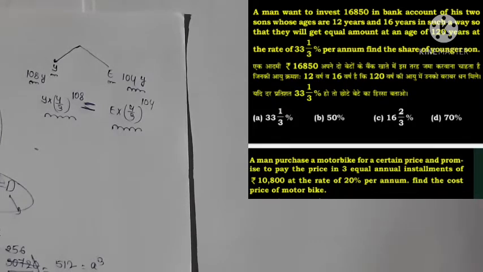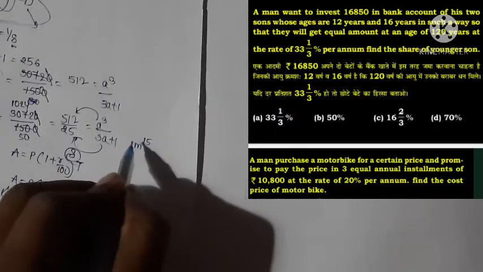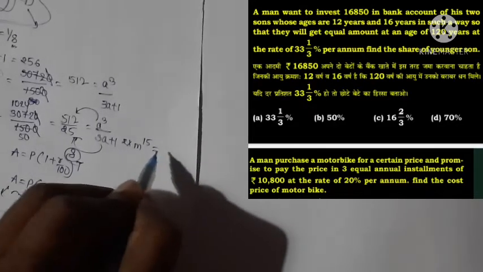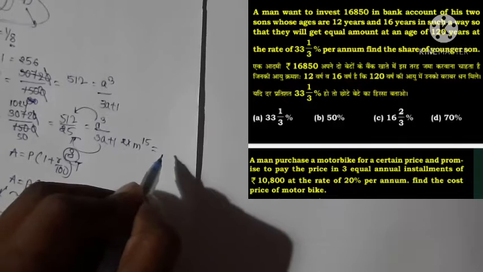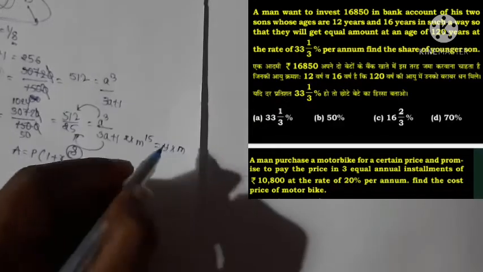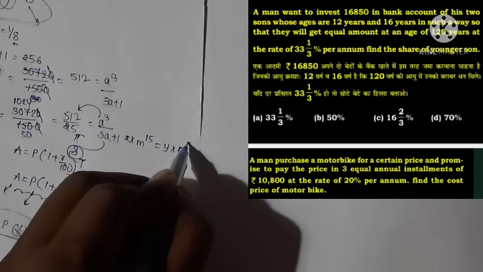So then find what is the share of younger son. So say x into m power 15 is equal to y into m power 5.